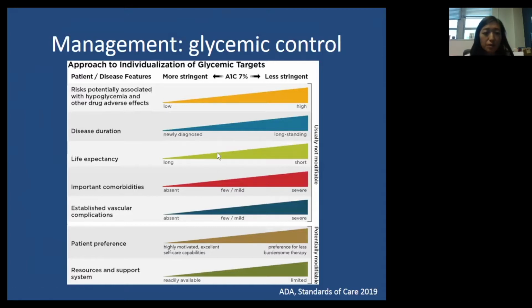However, if you have someone that is overall fairly healthy, is young, fairly newly diagnosed with type 1 diabetes, no vascular complications, no comorbidities, you may be able to get their A1C down to 6.5% or lower, as long as they don't have frequent hypoglycemia. So 7% is your general target, but again, you want to take into consideration all the various factors that go into an individual's health and overall well-being.